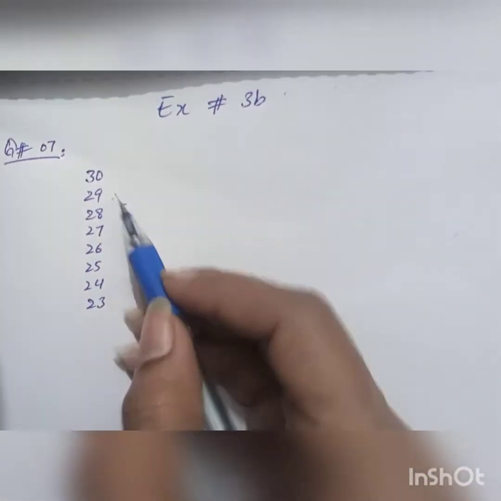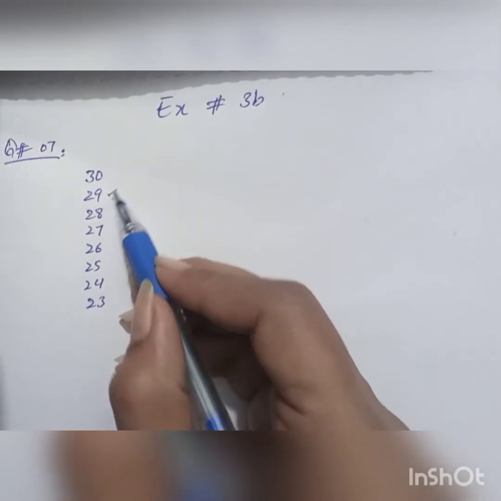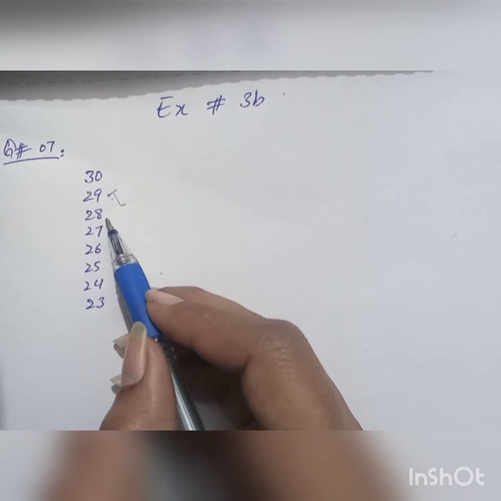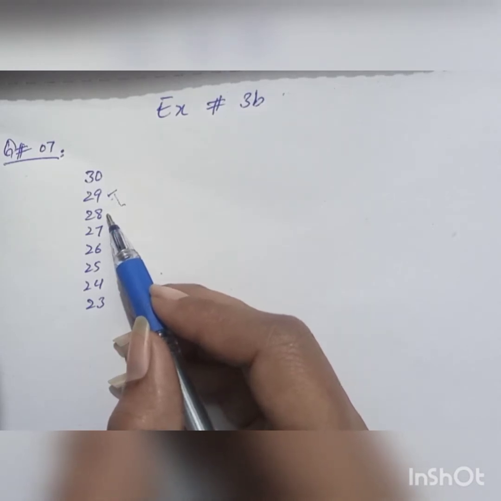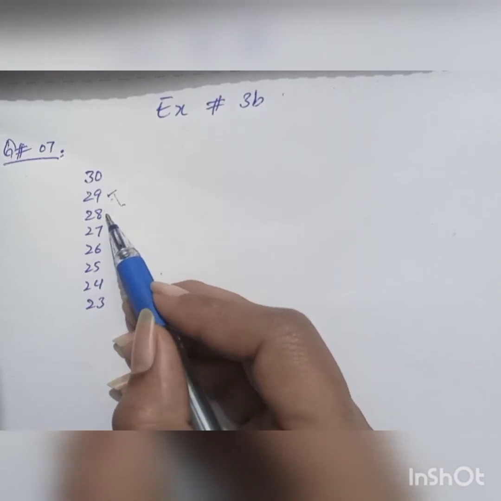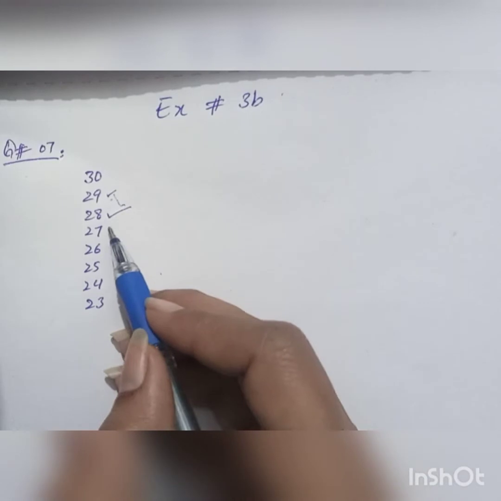As we know that the number 29 is a prime number as it contains just 2 factors. Let's see about 28. 28 has more than 2 factors and it is divisible by 1, 2, 4, 7, 14 and 28. So 28 is a composite number.